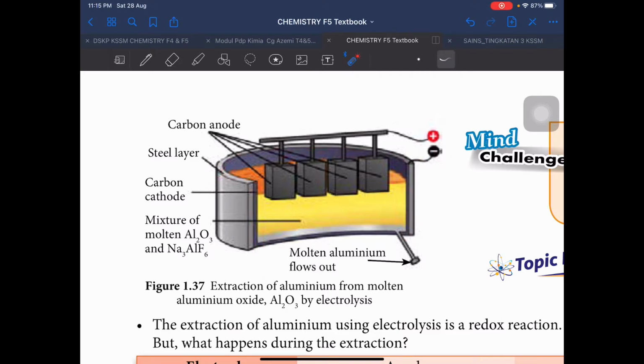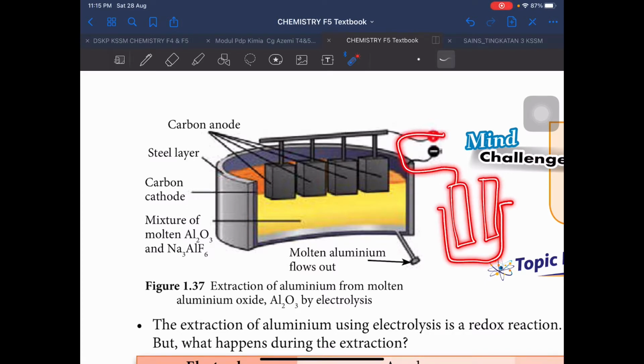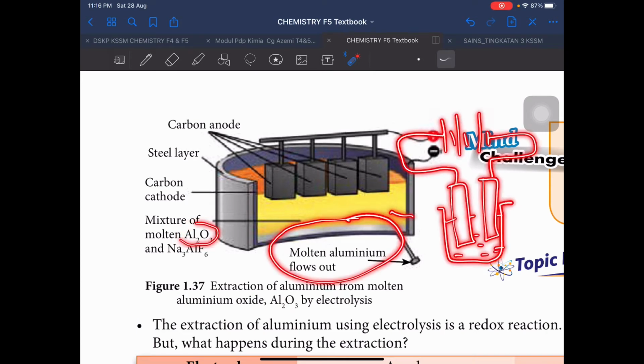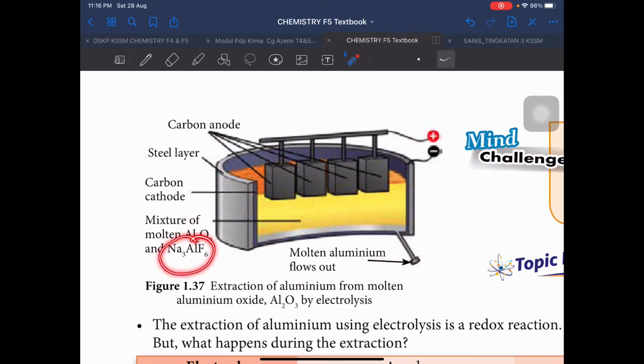So this is not like what we learned at first, our most basic electrolysis. We have an electrolyte. Does this one have an electrolyte? Yes, it is a mixture of molten aluminium oxide and also cryolite. This is the electrolyte.